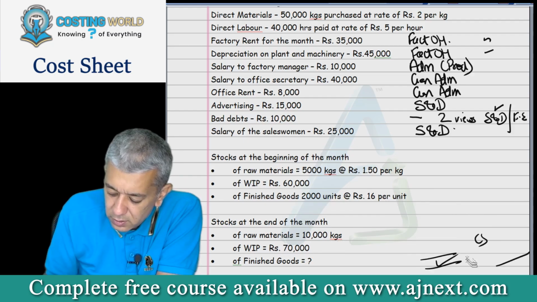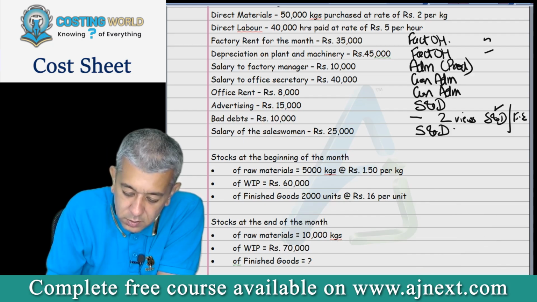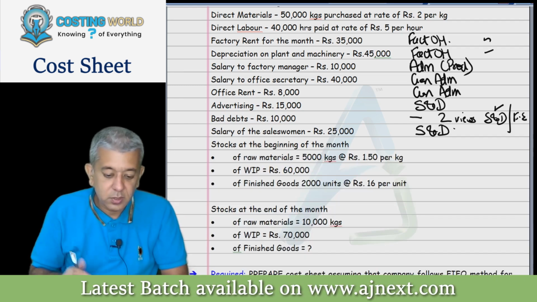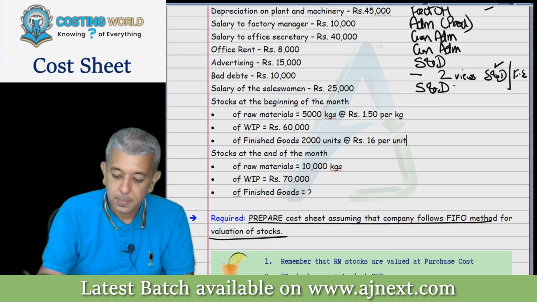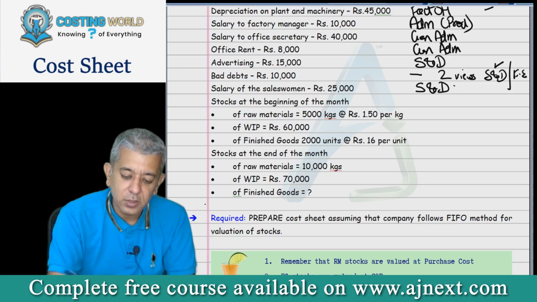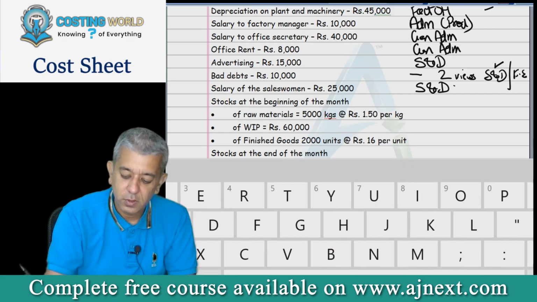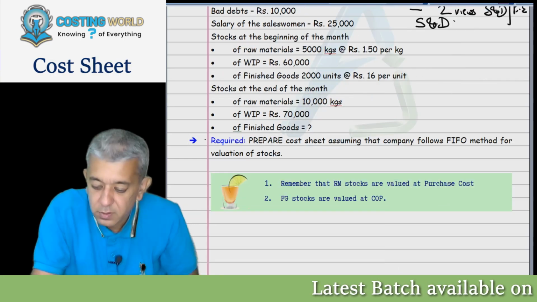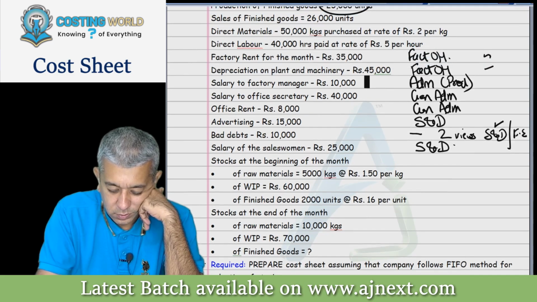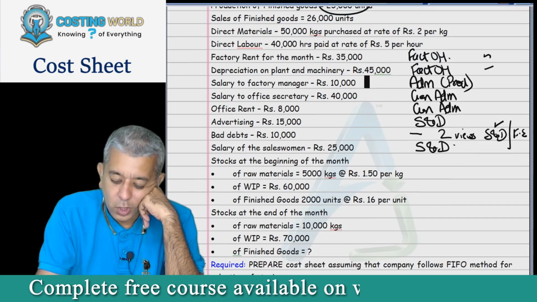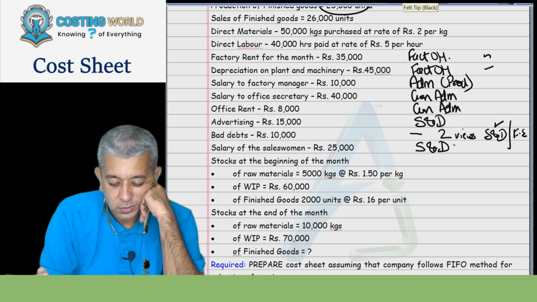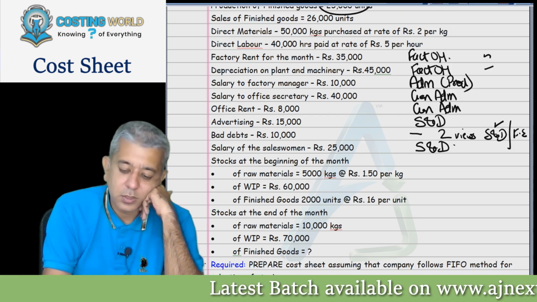On the next line, quantity produced of finished goods, 25,000 units. Quantity sold of finished goods, 26,000 units.